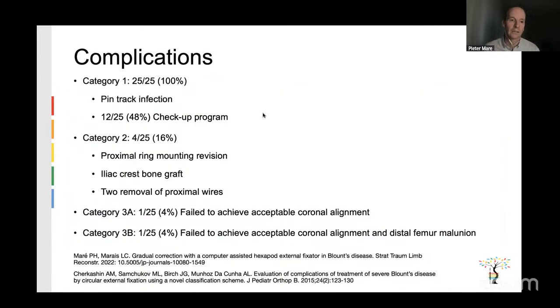So looking through that lens, what were our complications? 100% of our patients had pin track infection, so that's something that you can counsel them about.